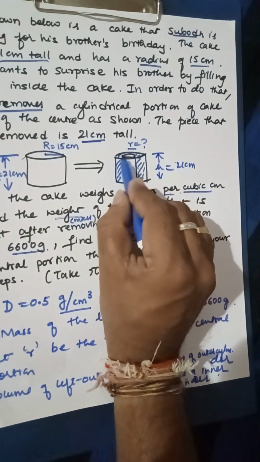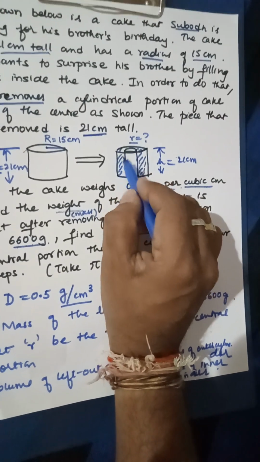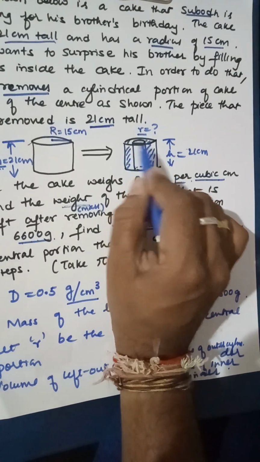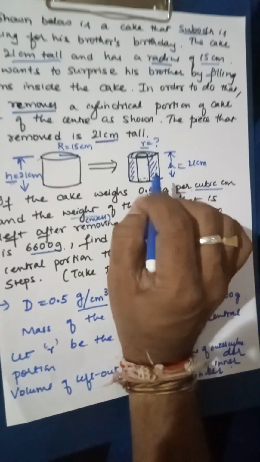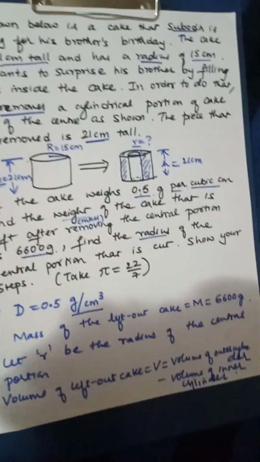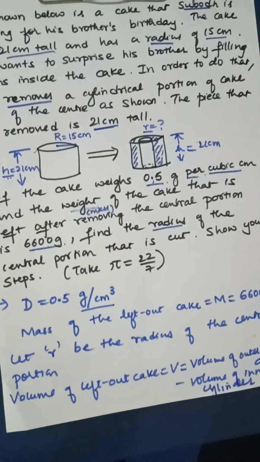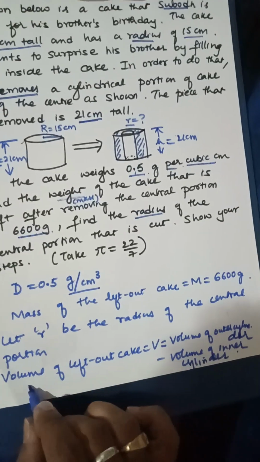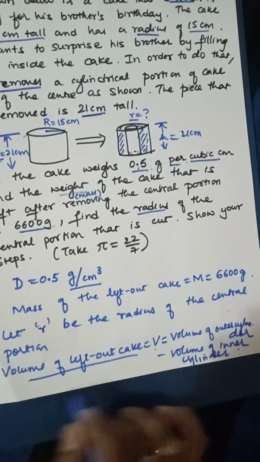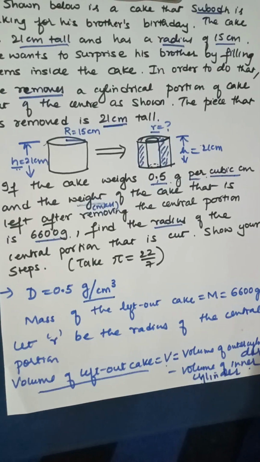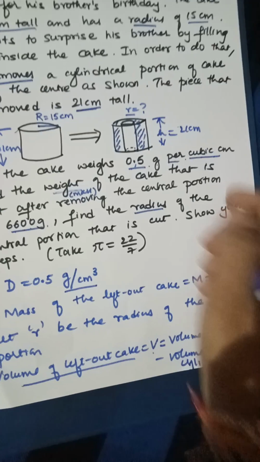Because the cake as well as the central portion which is removed are both cylindrical in shape. It is clearly understood from the given figure. Right then. So now let's see how this particular equation will help us to find out the radius of the central portion.